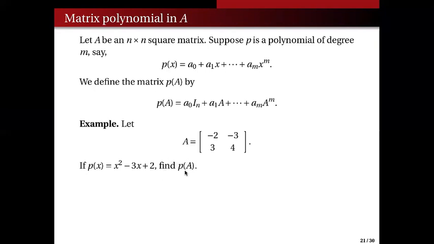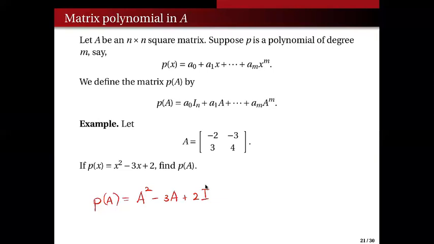We want to find p of A. So according to this definition, your p of A is simply A squared minus 3A plus 2 times the identity matrix.